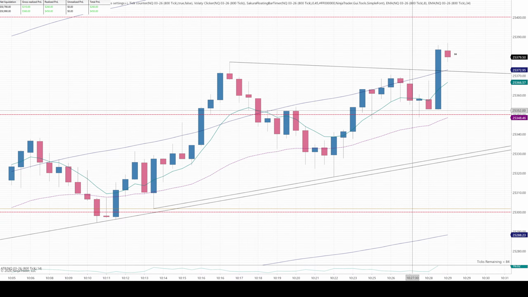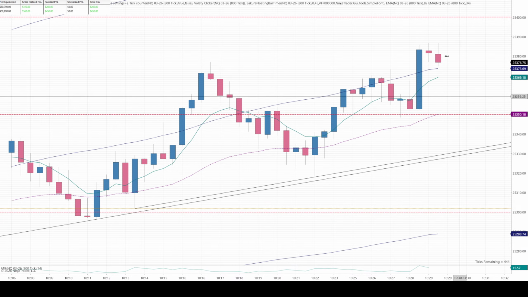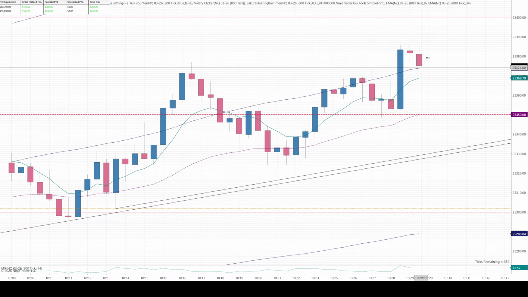That's insane, right? And so now this is the candle I'm going to pay attention to, because notice how it's bouncing off of the standard deviation level here.